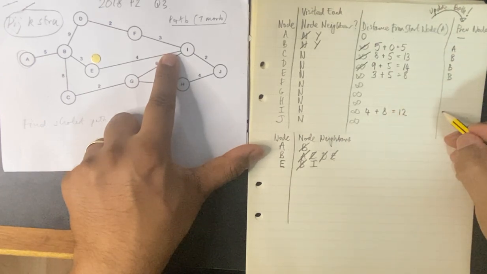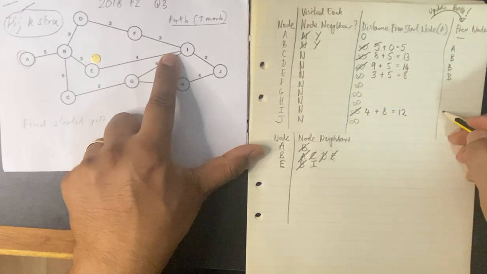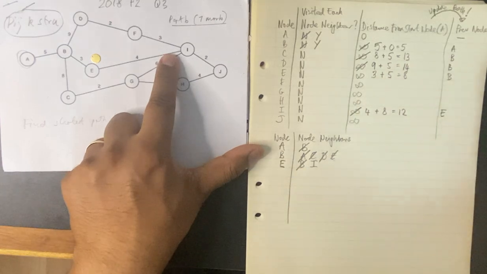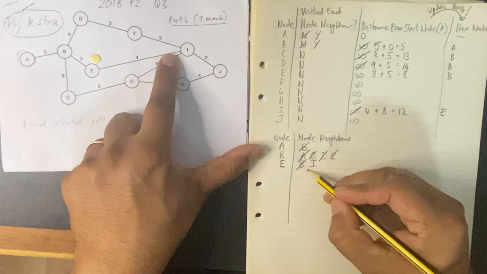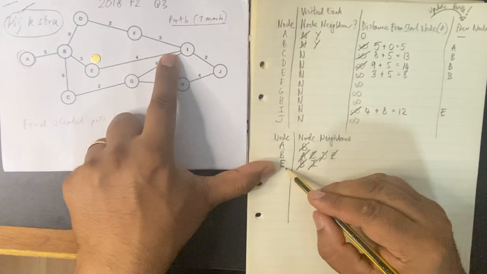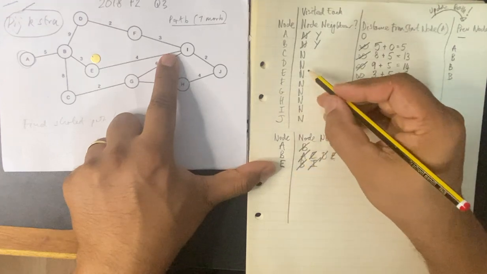That's less than infinity, so we can update, and then we have to remember to update the previous node, and that's going to be E. We've finished I, and now we can put a Y because we've finished node E.